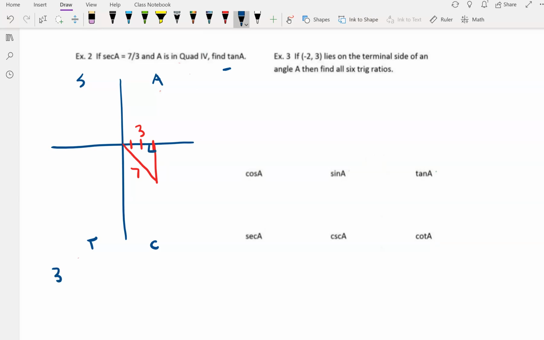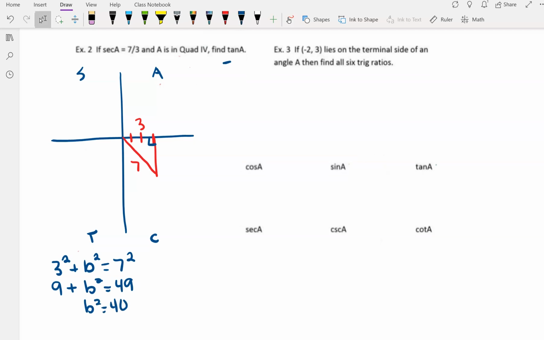I'm going to do 3 squared plus b squared equals 7 squared, because 7 has to be the c since it's the hypotenuse. So 9 plus b squared equals 49. Subtract the 9, b squared equals 40, and then square root that. We end up getting root 40 breaks into 2, 2, and 10, so 2 comes out, b equals 2 root 10.